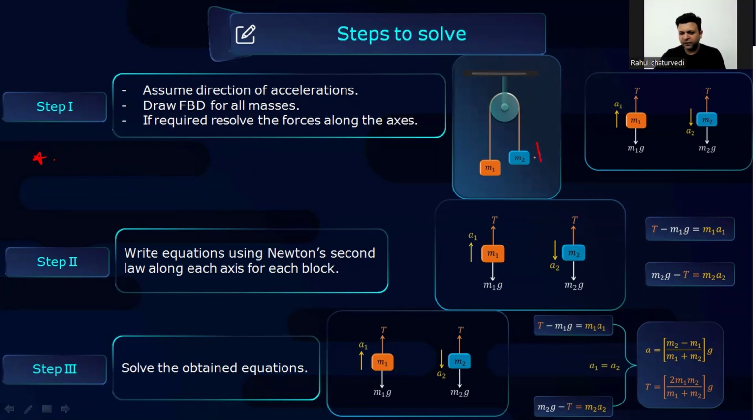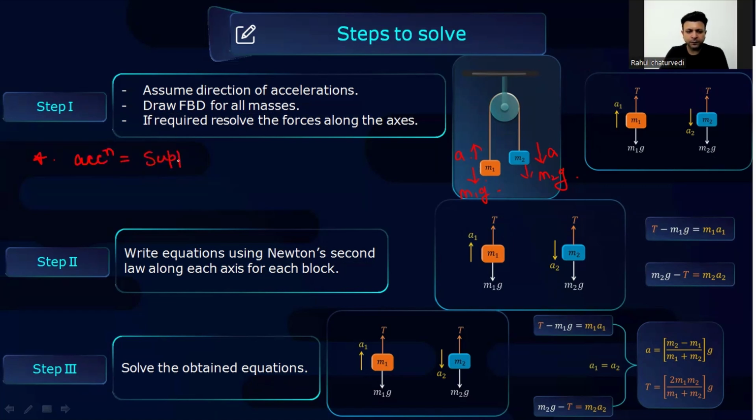Since we have considered that the direction of motion is downward for m2 and upward for m1, the net force acting along the direction of motion will be m2g, right? And m1g actually will oppose the direction of motion.